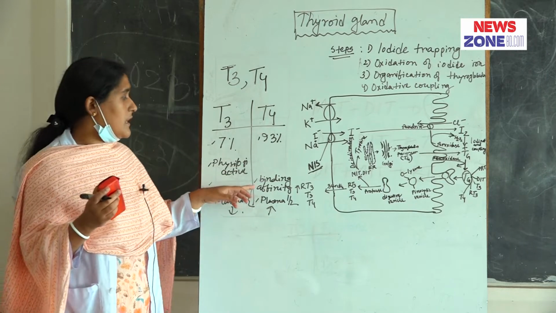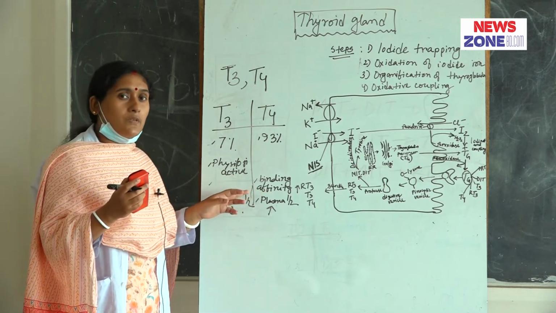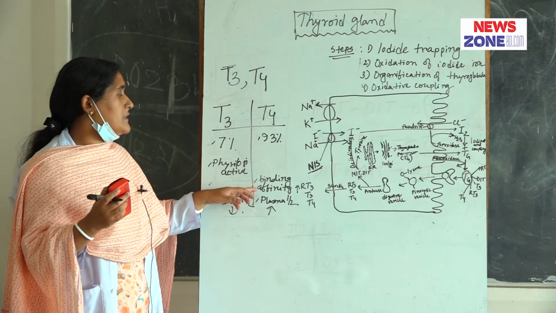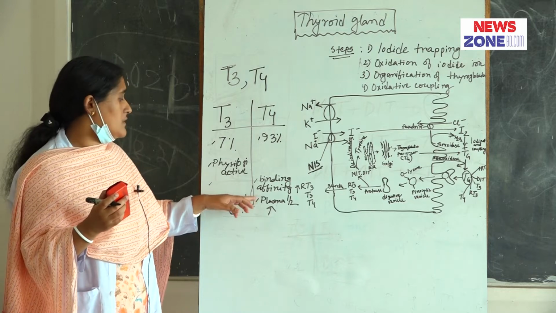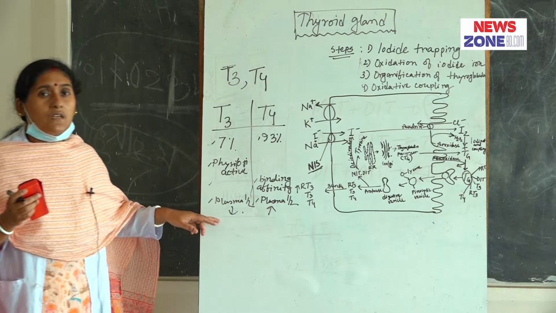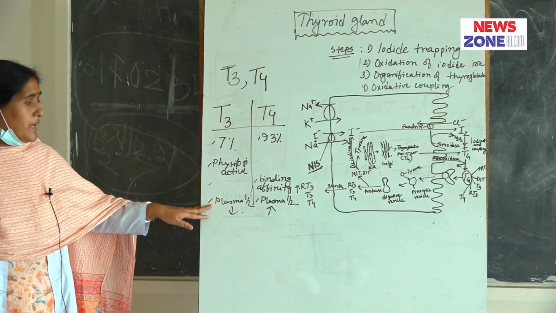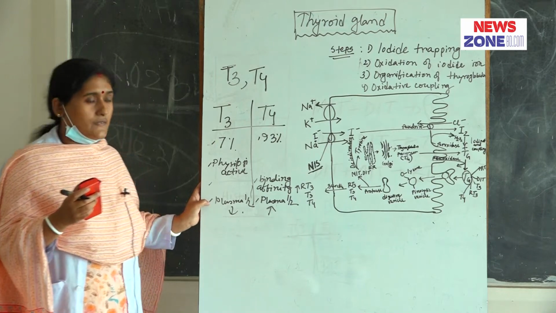After secretion, all hormone binds with plasma protein, either albumin or globulin, but the binding affinity of T4 with plasma protein is more. For this reason the plasma half-life of T4 is more, and due to less affinity to bind with plasma protein, the plasma half-life of T3 is less.